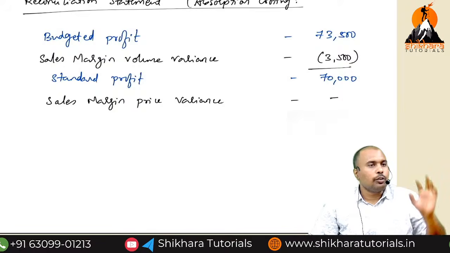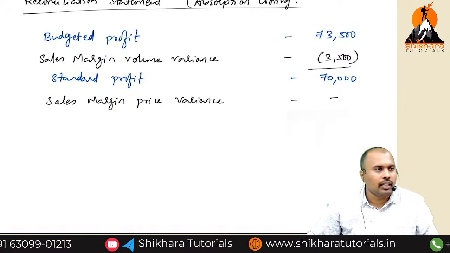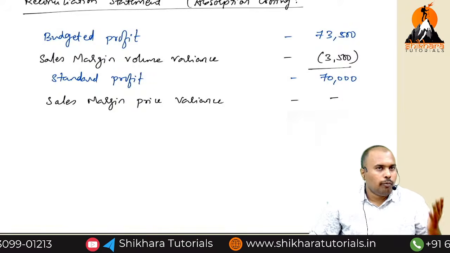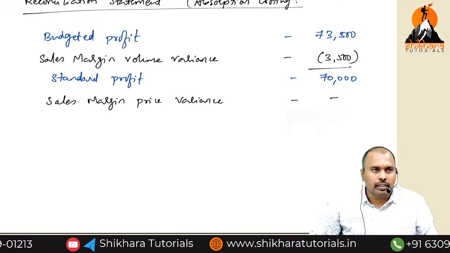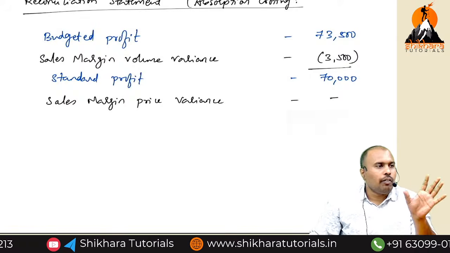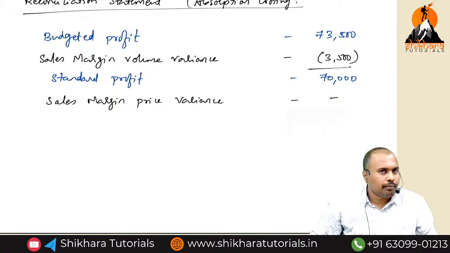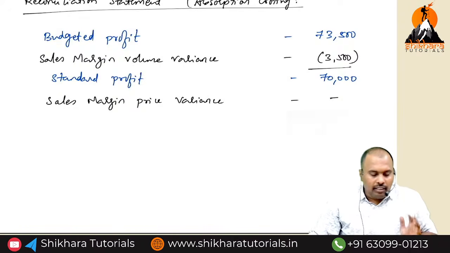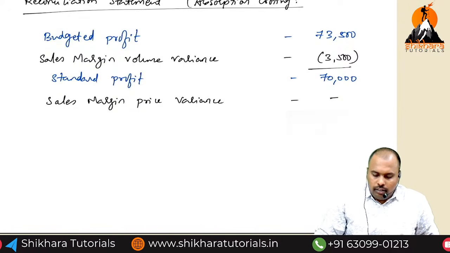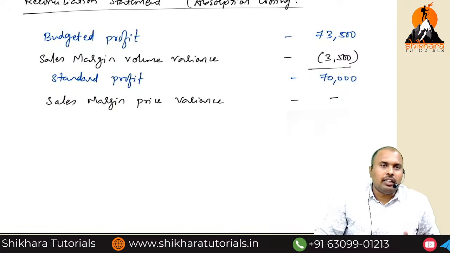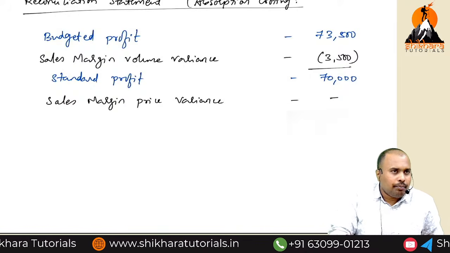Total sales variance is because of 2 reasons. One is volume and the other one is price. If you adjust only volume variance, we'll get standard profit. So to the standard, we have to adjust sales price variance also. After adjusting that, we have to adjust all the cost variances.